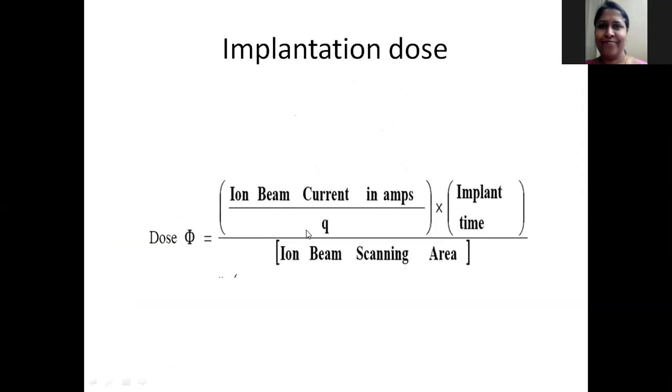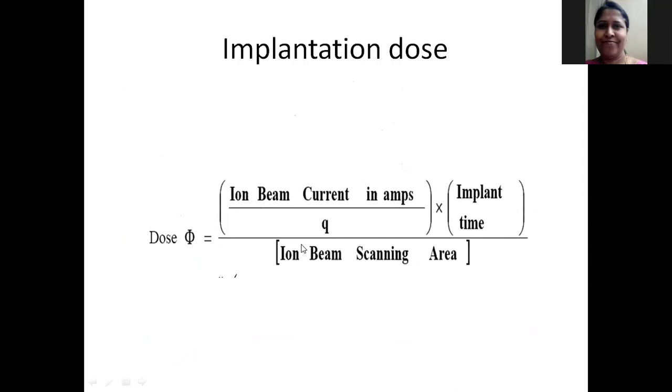Here we will see what is implantation dose. Implantation dose is given as the ratio of incident ion beam current in amps divided by charge and multiplied by implant time, divided by ion beam scanning area.